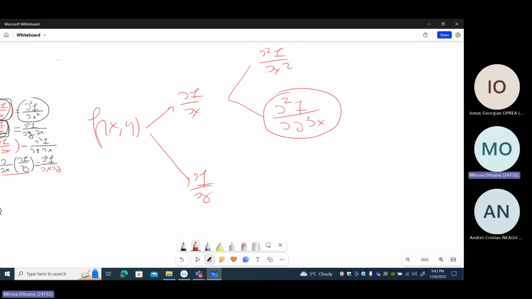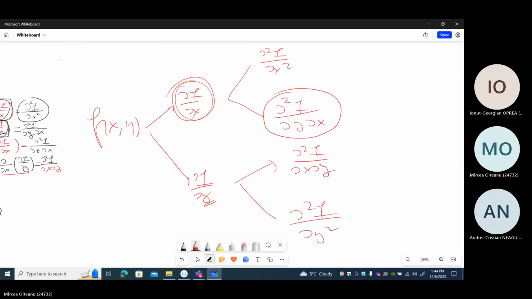Attention what that means. Here we differentiate first with x, and the result, which is this one, will be differentiated with respect to the other variable y. Here, we first differentiate with respect to y, and the result will be differentiated with respect to x. And here, the last one, it is this one.